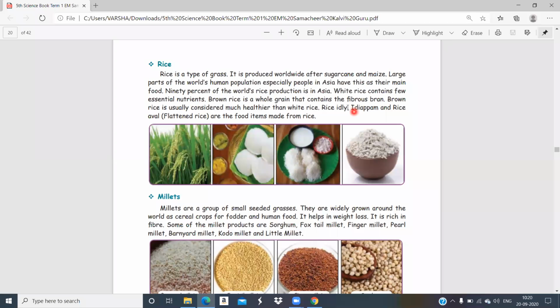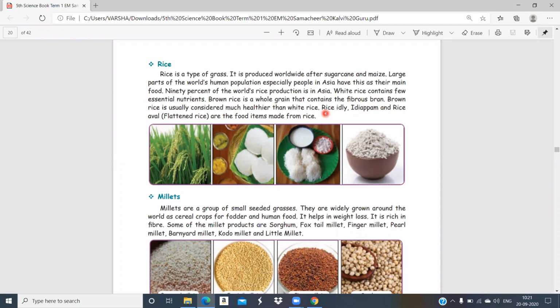White rice contains few essential nutrients. Brown rice is a whole grain that contains the fibrous bran. Brown rice is usually considered much healthier than white rice. Rice idli, idiyappam, and rice ball are some food items made from rice.